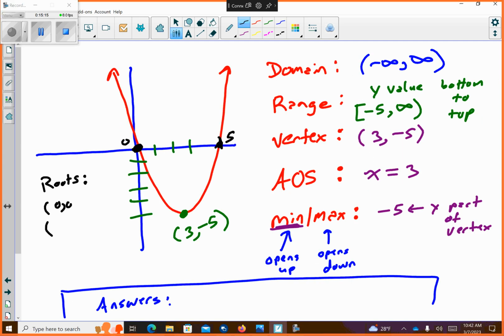And we have roots at 5, 0. So that might be one more thing for the problem. Does that make sense? And I would write down, how do you get roots? What are the 2 things you have to do to get a root? What are the 2 things to get roots?